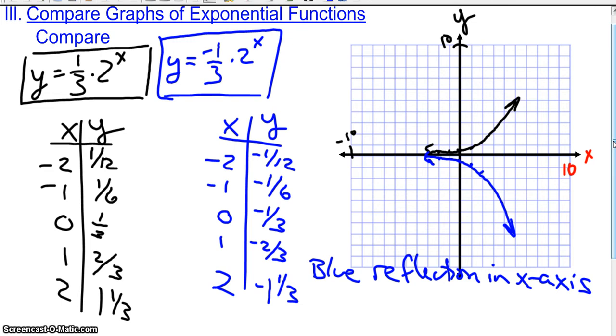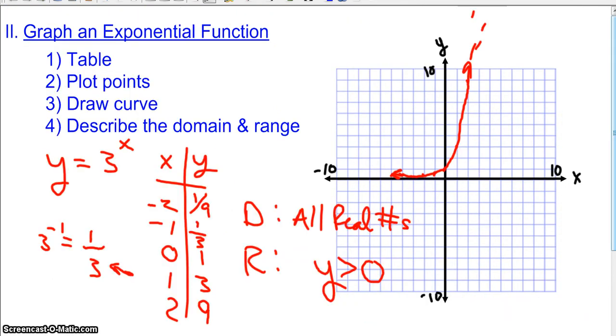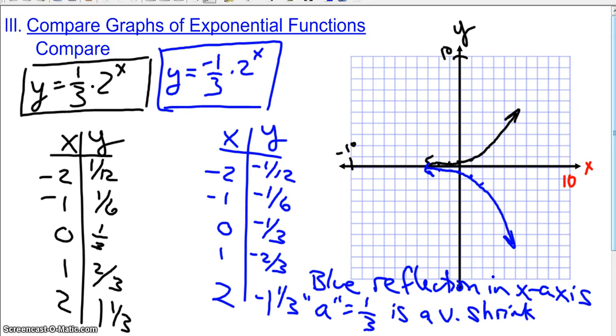And as was just said, that a value equals 1/3 is a vertical shrink of the previous graph, right? What was the previous graph's a value? Oh, it was 1. So what was in front of that was a 1.